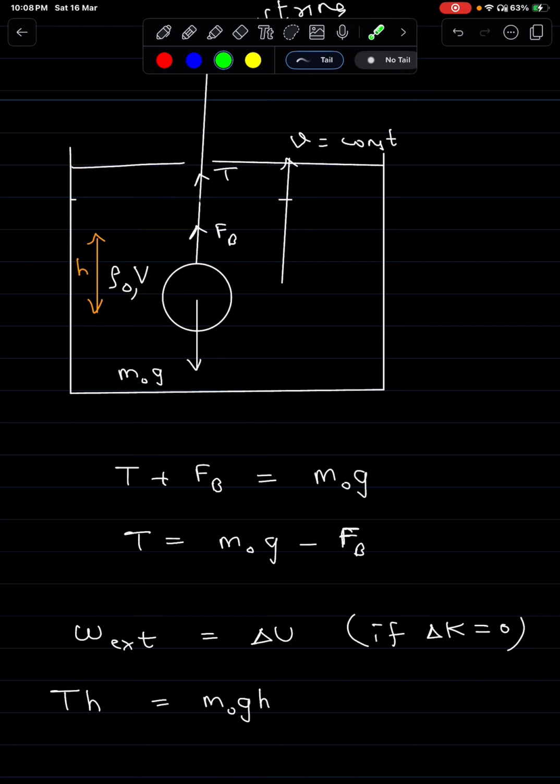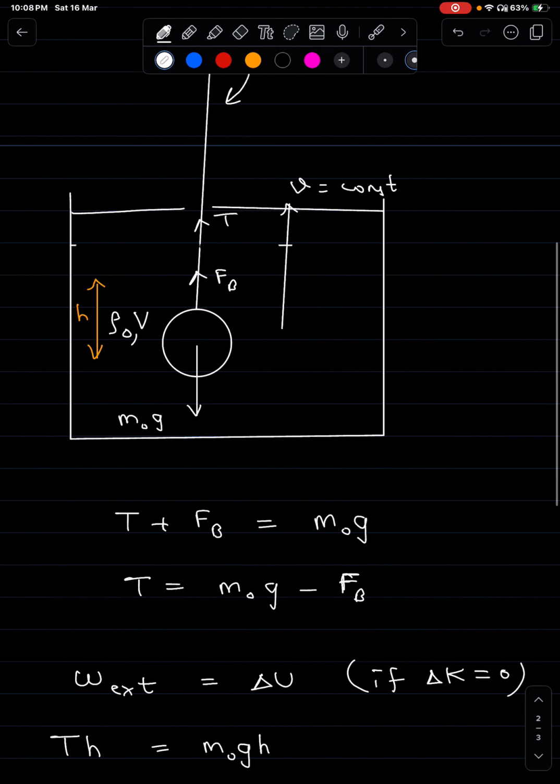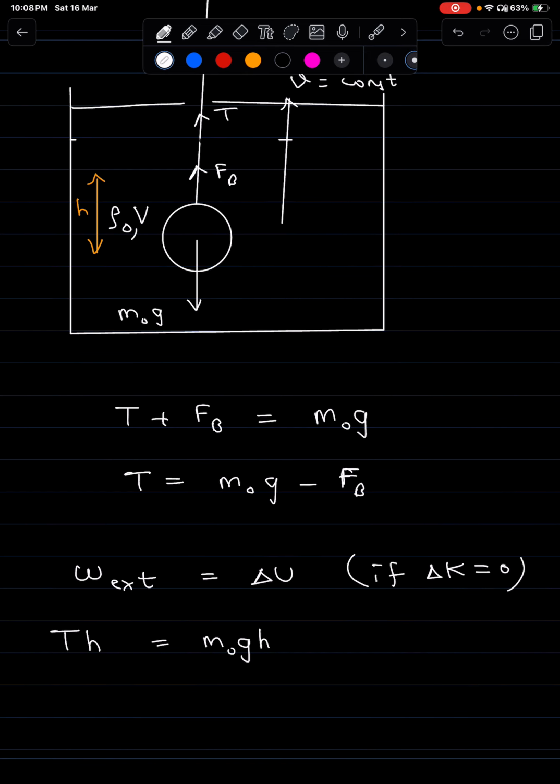So the liquid having the volume equal to the volume of the object has come down through height h. So it has decreased its potential energy.